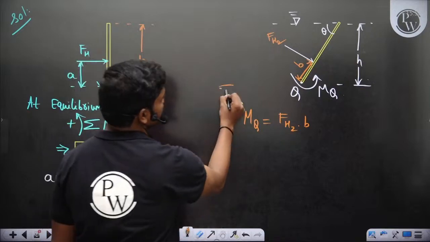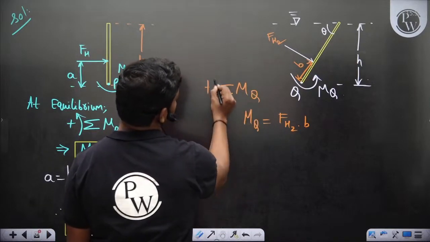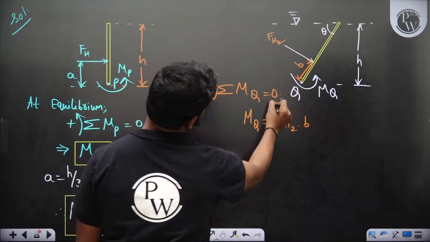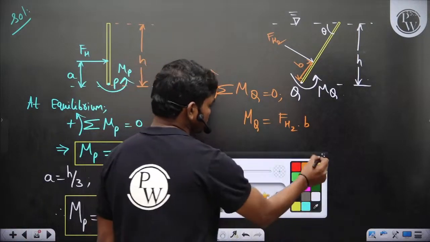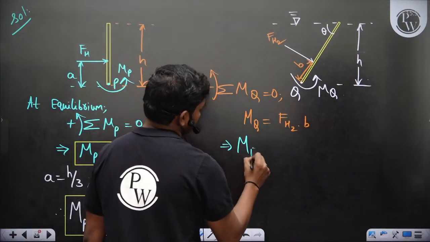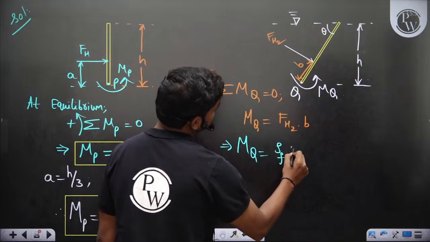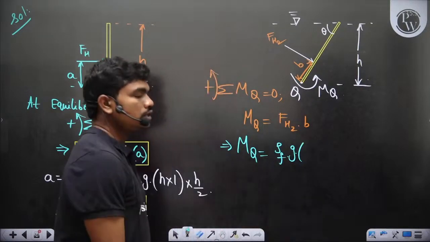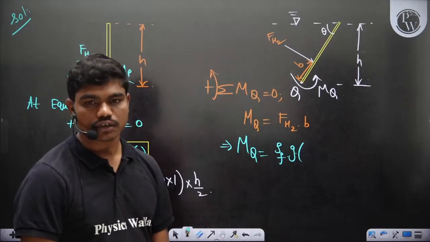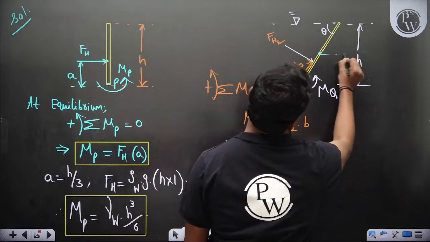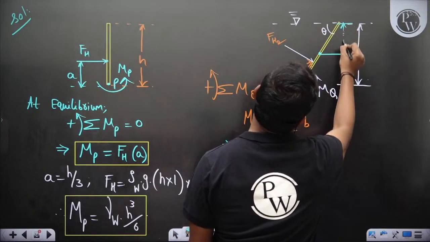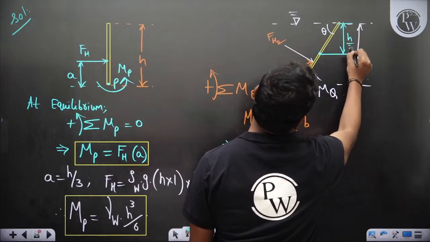So the summation of moments about Q, taking anti-clockwise sense positive, is 0. So F_H2, how much will it be? Rho g into the depth of centroid, correct? Rho g into centroid depth. So the centroid is somewhere here. Then what about this depth? Definitely h by 2, correct?